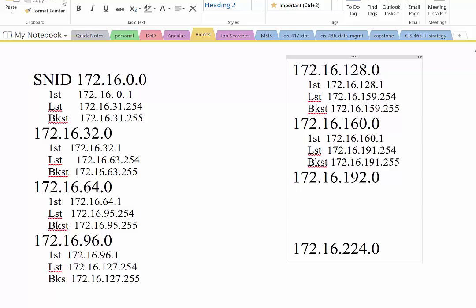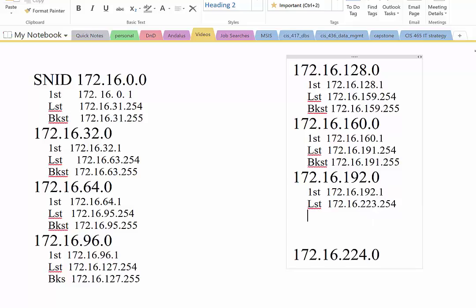All right, that's great. Almost at the end here, hang in there. My first usable in this subnet will be 172.16.192.1. My last usable will be 172.16.223.254, and my broadcast will be 172.16.223.255.